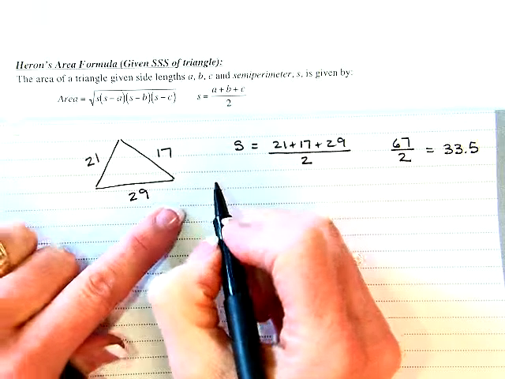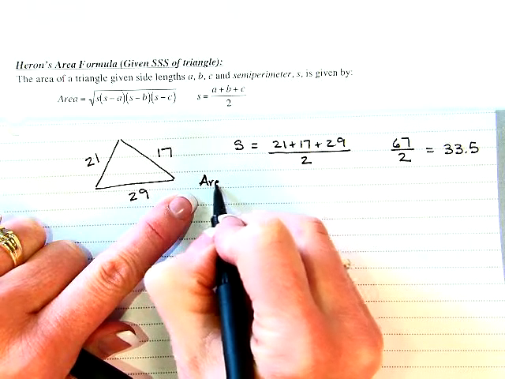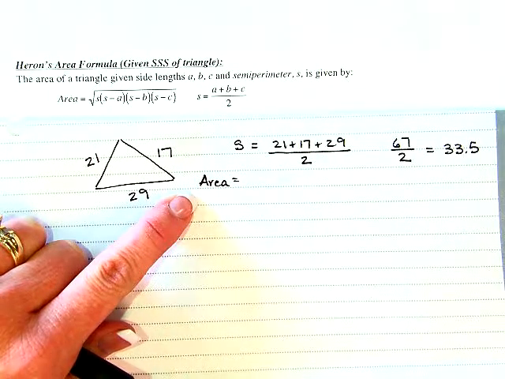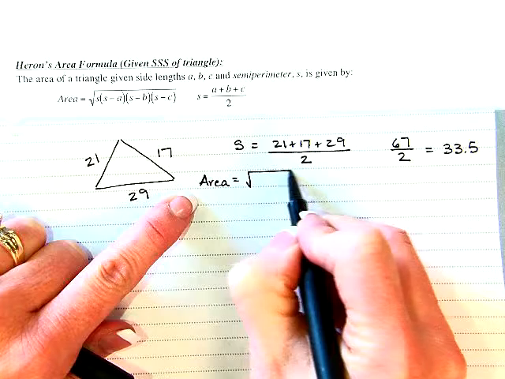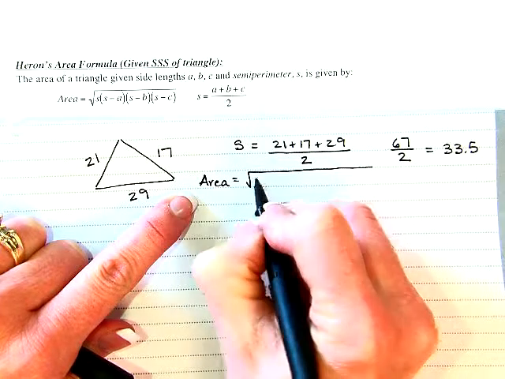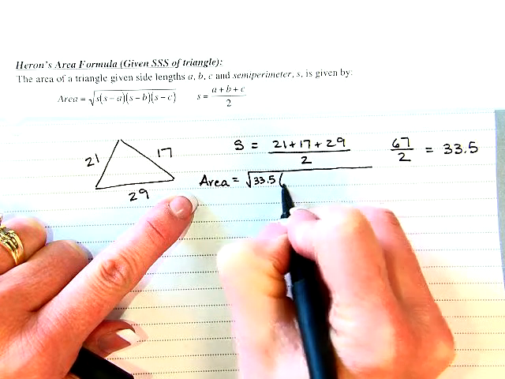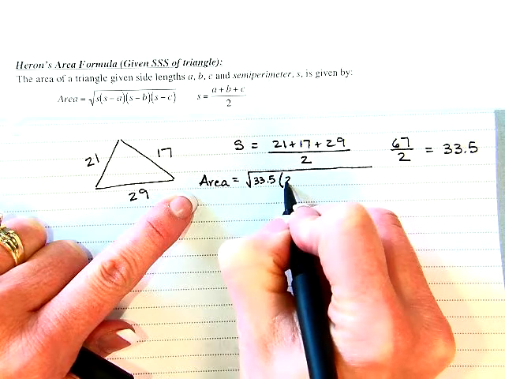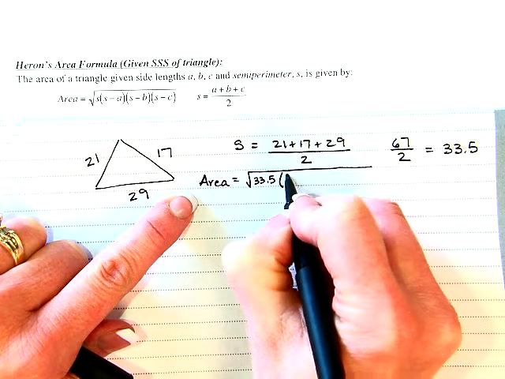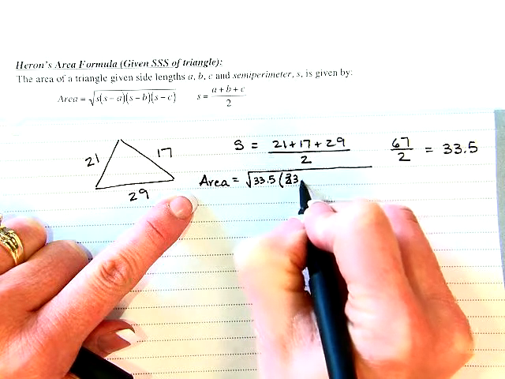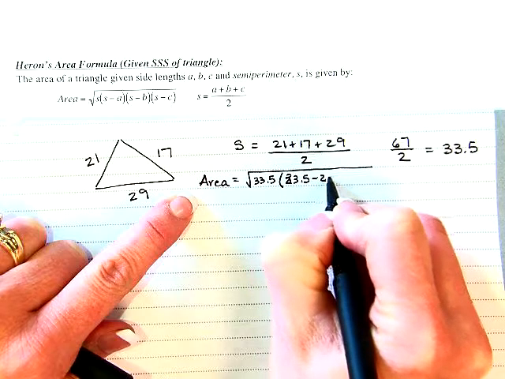So for the area of the triangle, I'm going to take the square root, which is the last thing I do, but I'm going to take the 33.5. That goes here. Then I take the semi-perimeter minus one of the sides.